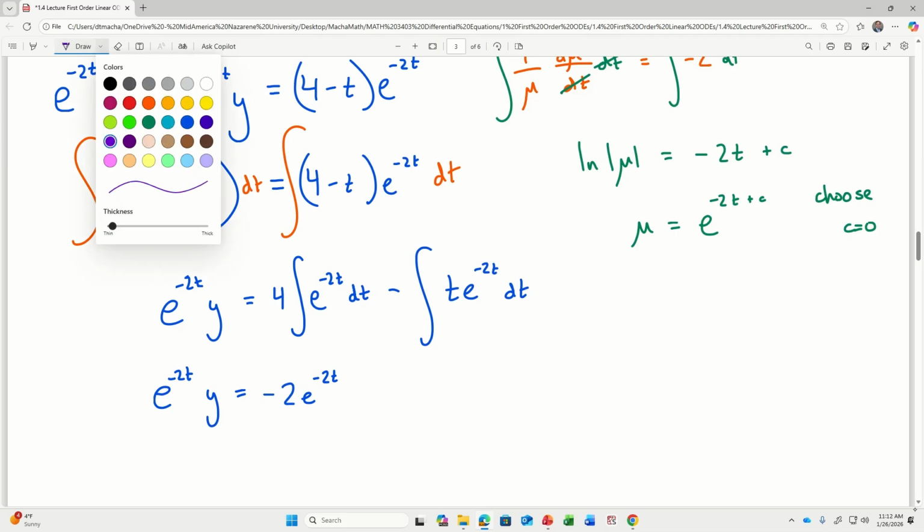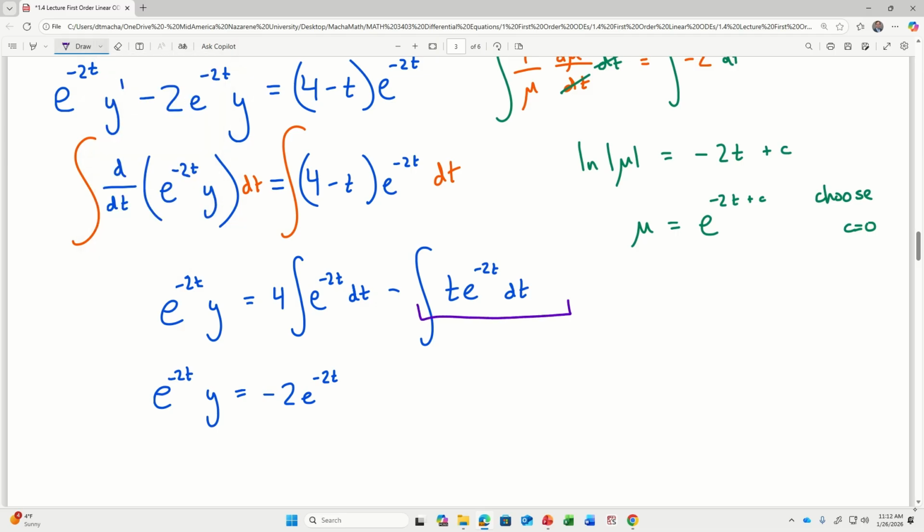For the second one, integration by parts tells me the antiderivative of u dv is equal to uv minus the antiderivative of v du. So let's say the t polynomial factor is going to be u. The e to the negative 2t is an exponential factor that gets to be dv.